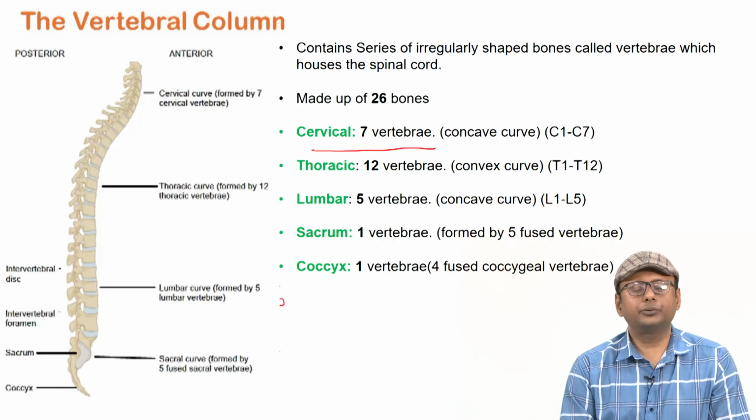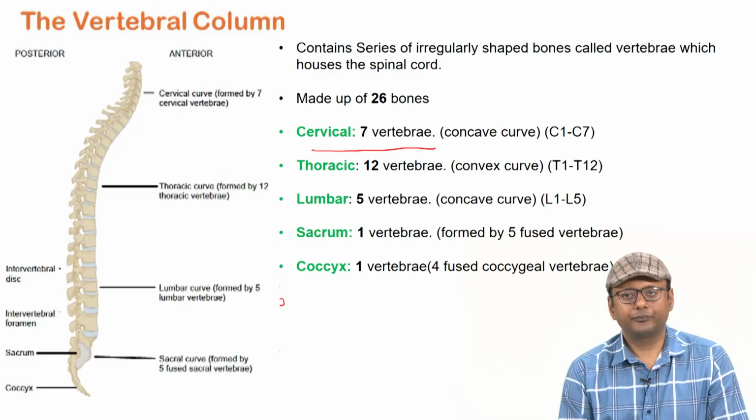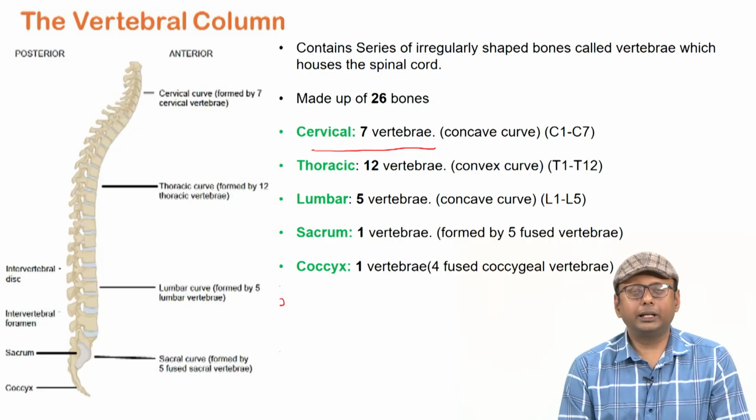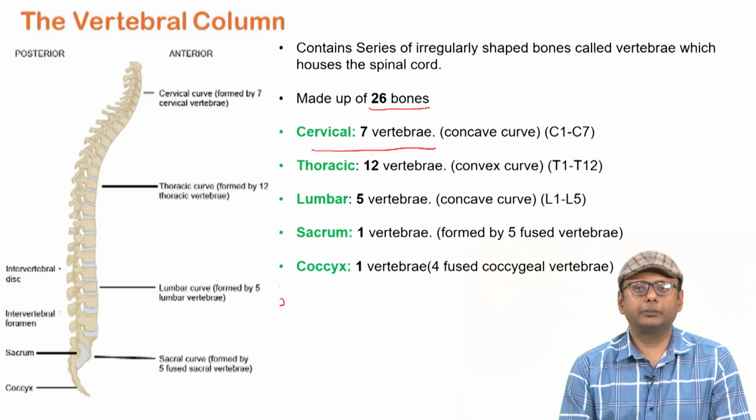The coccyx is also called the tailbone, even though at birth the coccyx is a little bit taller, and slowly with age it becomes a little bit smaller, right. So, overall how many vertebral bones do we have? If you total the number, we have 26 vertebral bones: C1 to C7, T1 to T12, L1 to L5, and then one sacral and one coccyx.